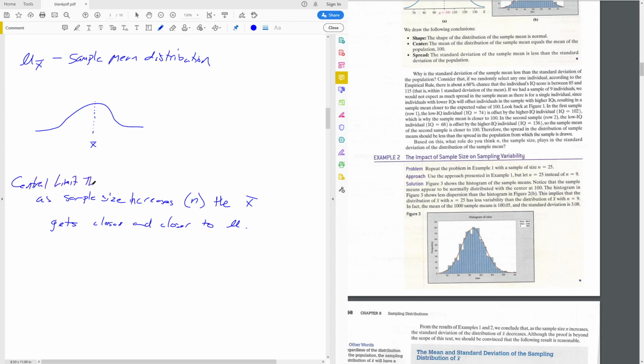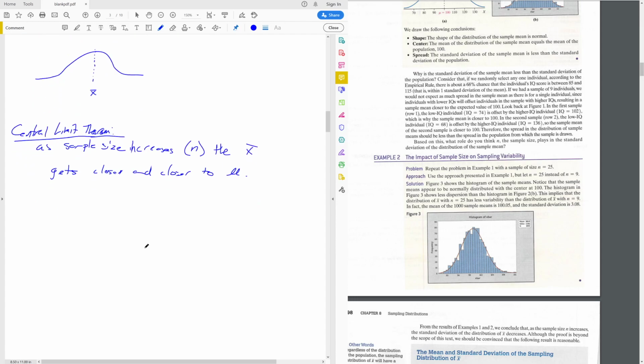And we use this idea as well to talk about increasing the number of samples we take, right?